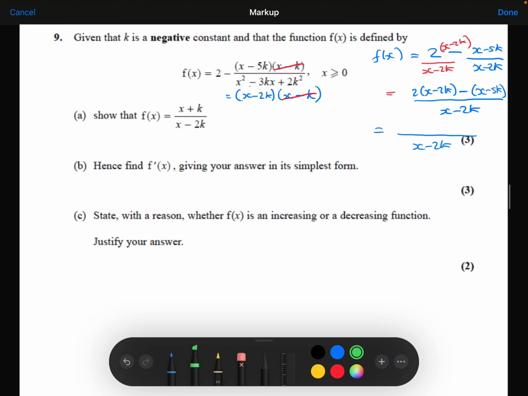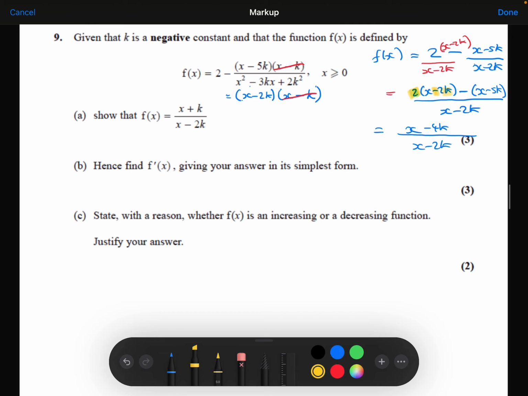The numerator, so we've got 2x minus x, so that's just x. And then we've got the 2 times minus 2k, so that's minus 4k.